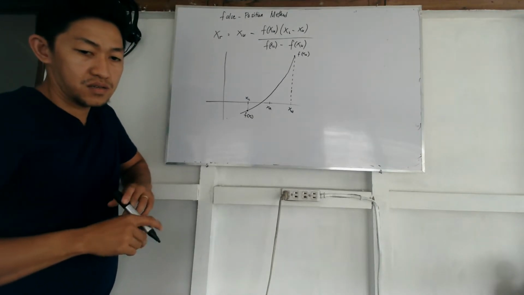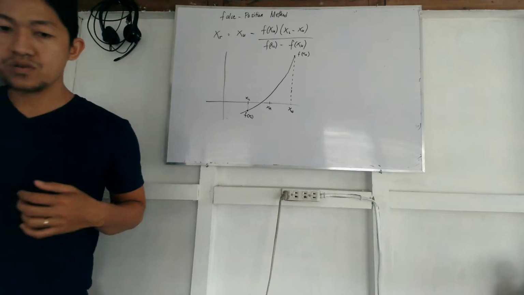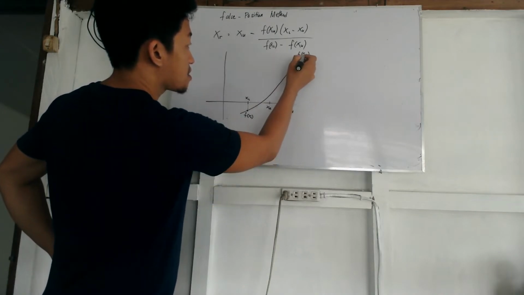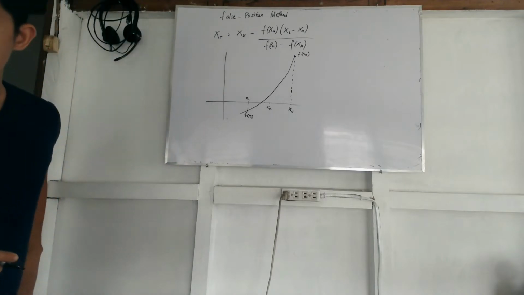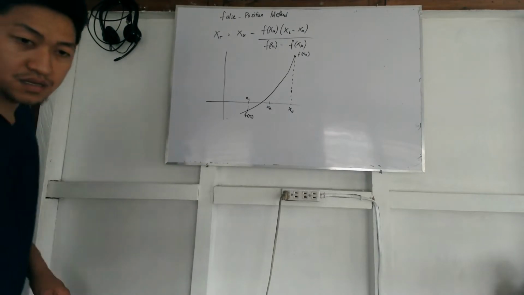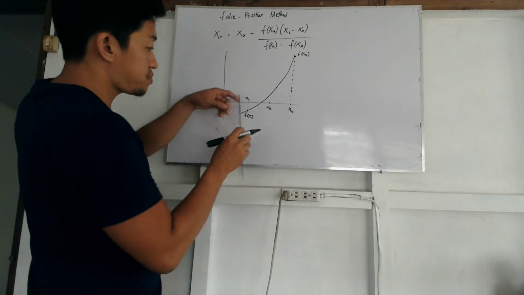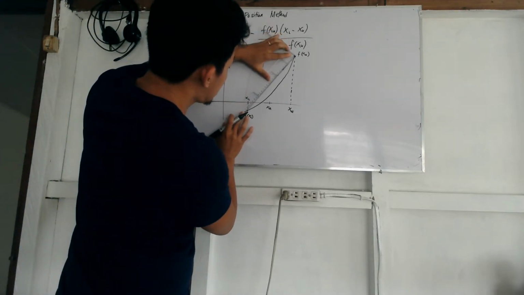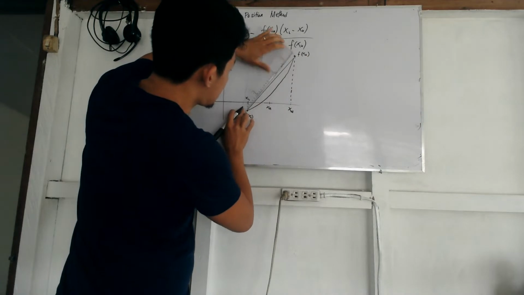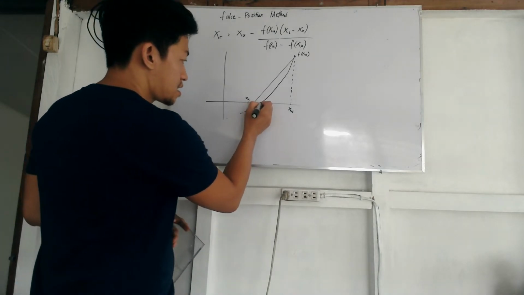Okay, so in the false position method, it observes that if you connect these two points, by the way, this is the actual location of the root.